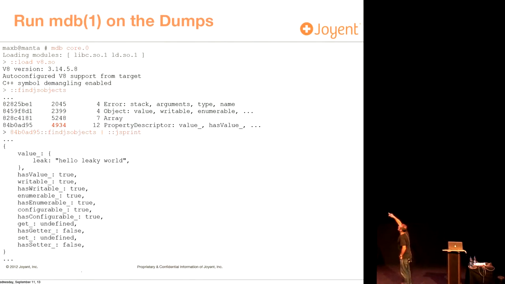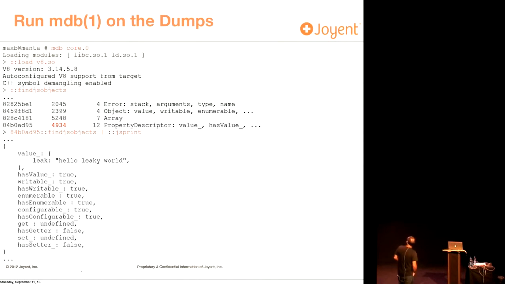So I'm loading a module into MDB that is basically aware of V8. This is basically a library, v8.so, that MDB can use. And then I'm going to run this command, findjsobjects. Findjsobjects makes multiple scans through the dump looking for objects.